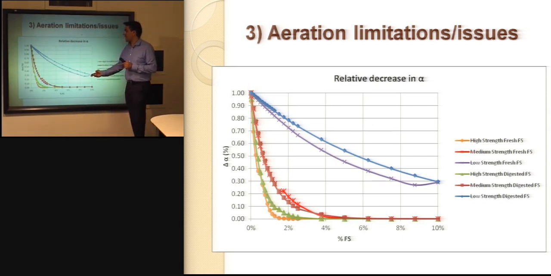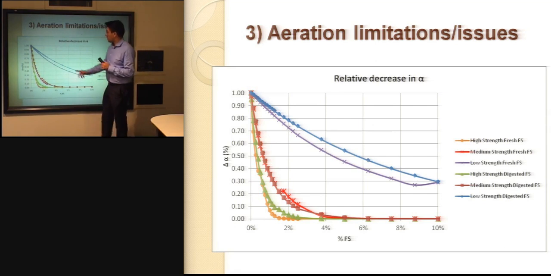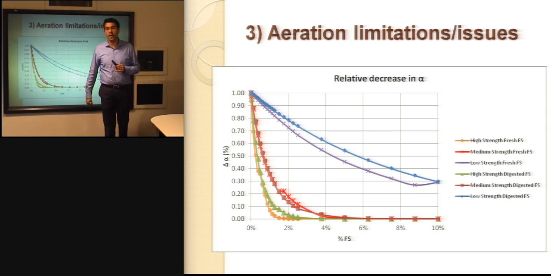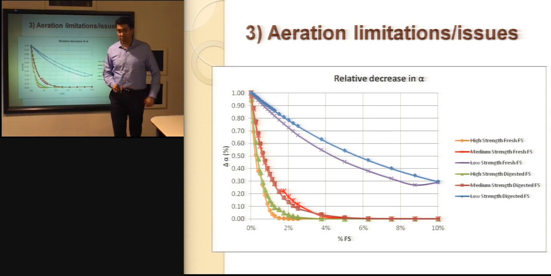For the two lowest, less concentrated sludges, already a 70-80% drop in aeration efficiency can be observed.